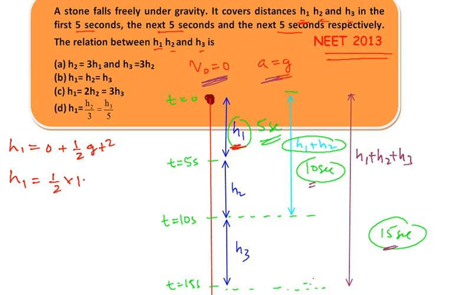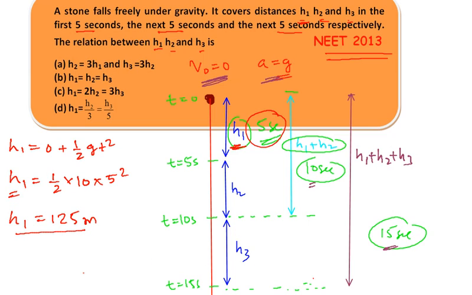So h1 equals half into 10 into 5 square, that is 25 into 10, 250, 250 by 2, 125. So 125 is the value of h1.